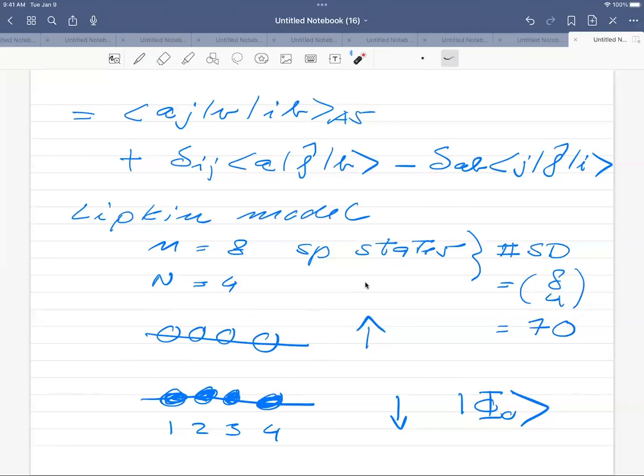And one of them is going to be this one. This is unique because there's only one way you can fill it, but you can make many particle hole excitations. There is only one 4 particle, 4 hole excitation, and that's when all of these are filling in this one. But we can have many. So of these 70 states, there will be one which is 0 particle, 0 hole, and there's going to be one 4 particle, 4 hole state.